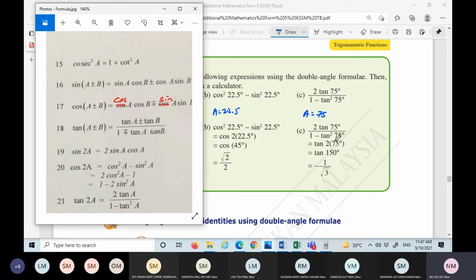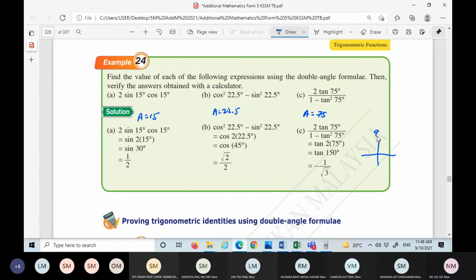So it's tangent 2 times 75, so it's tangent 150. This one also is a special angle, but a little bit more difficult because it is more than 90 degrees. Which quadrant does this one fall in? It's in the second quadrant. Therefore, tangent is negative.